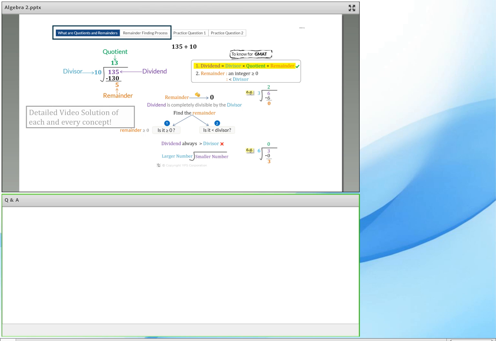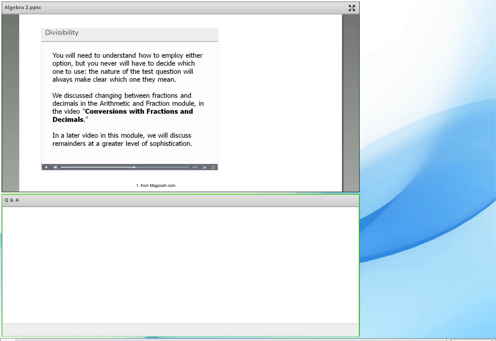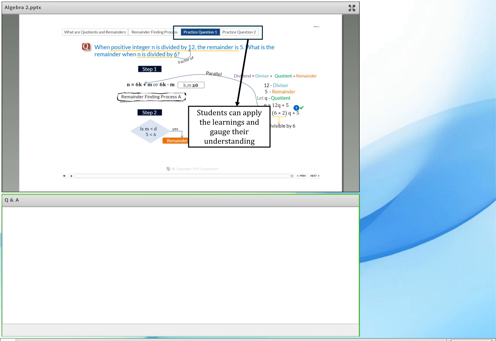So this is how the divisibility concept looks from inside. What you see is this focus on learning the concepts, and then you have practice right then and there. So you learn the concept, you learn how to apply the concept in a very simple fashion right then and there. All of this information that you see over here comes with animation.